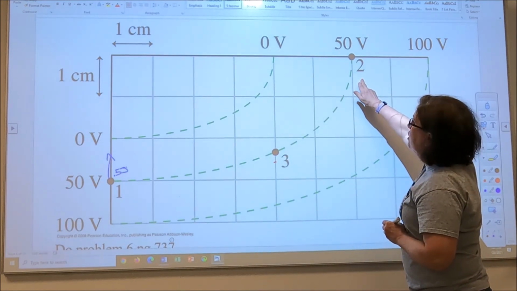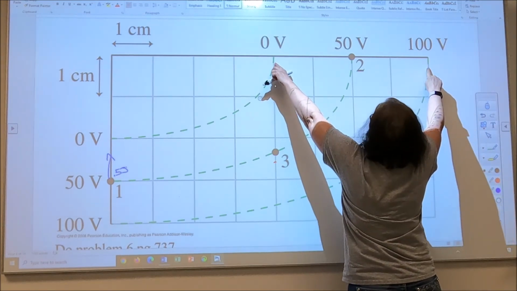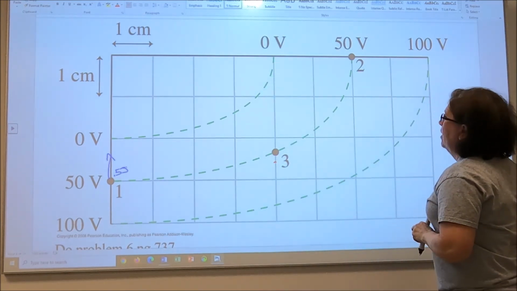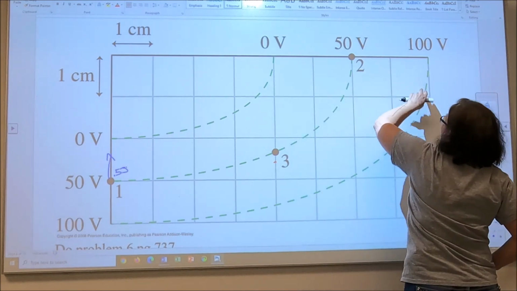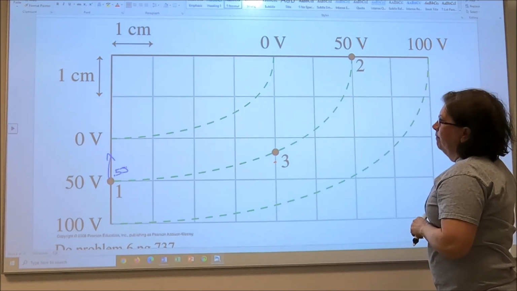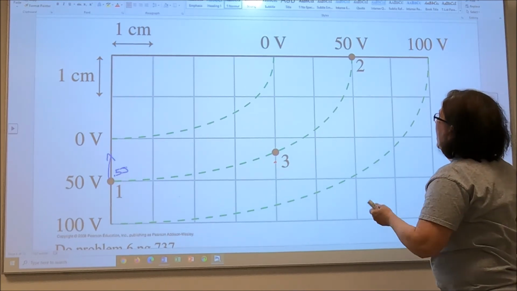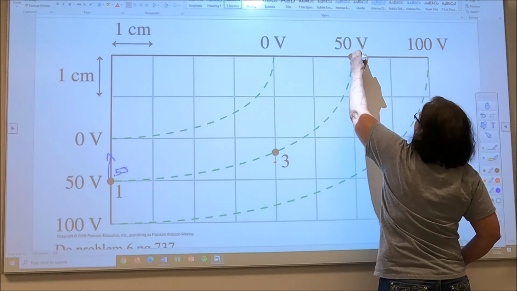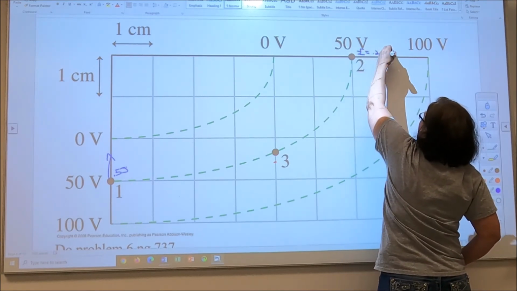Now here at point 2, notice my equal potential surfaces are further apart. Here it's going to be 4. So 100 divided by 4 is 25. So here the electric field is 0.25.